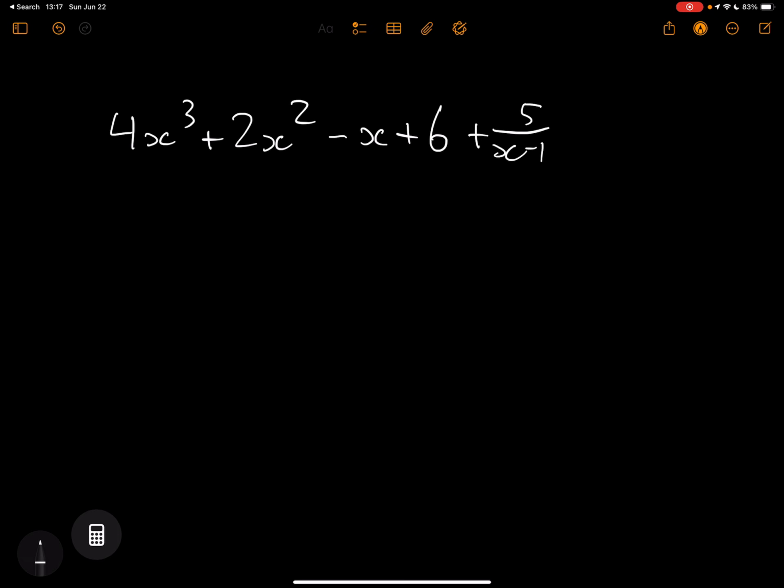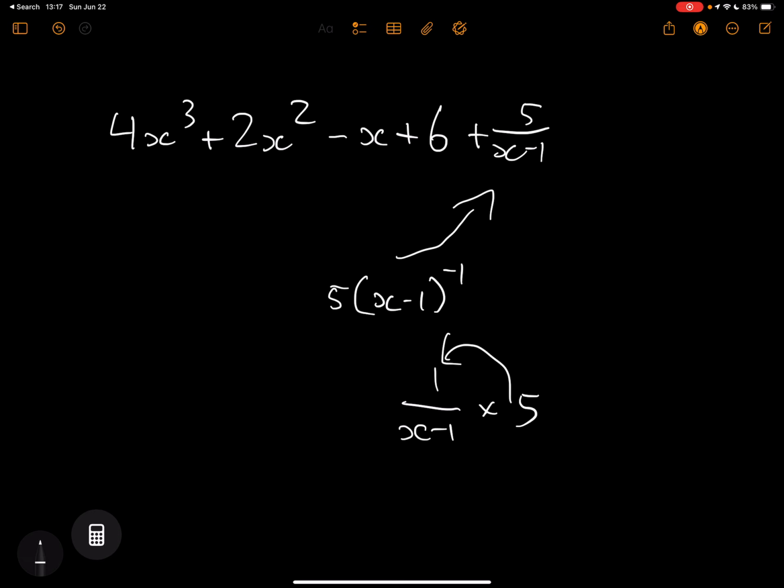So then here is the result. 4x cubed plus 2x squared, and then we have minus x plus 6, and then plus 5 over x minus 1. Some of you might write it as 5 times x minus 1 to the negative 1 power. That is just the same.